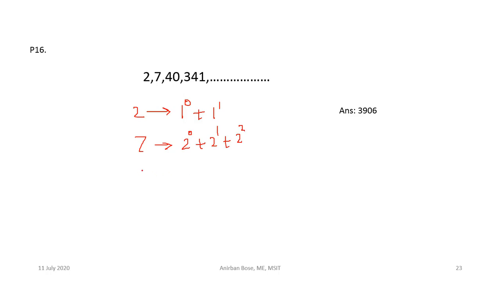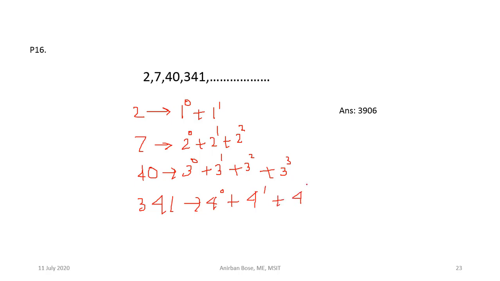Then the next term 40 can be written as 3 to the power 0 plus 3 to the power 1 plus 3 to the power 2 plus 3 to the power 3. 341 in the same manner can be written as 4 to the power 0 plus 4 to the power 1 plus 4 to the power 2 plus 4 to the power 3 plus 4 to the power 4.